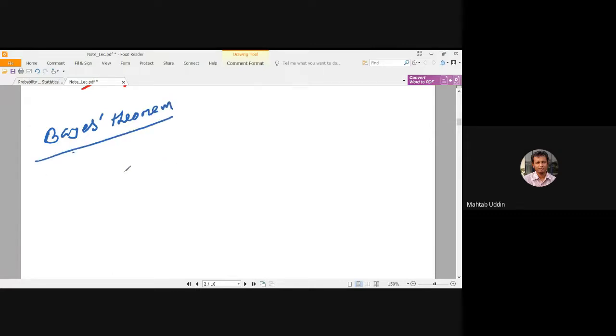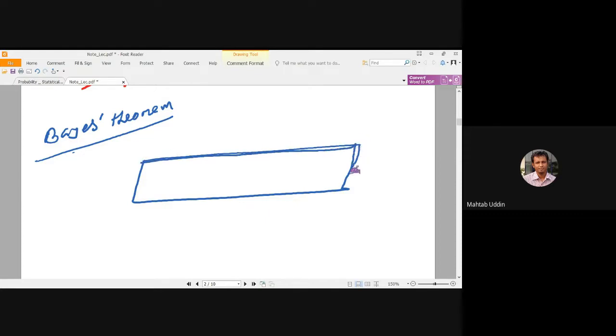Let us say this is your garden. Since this is your garden, you have a chance to find some mango, right?